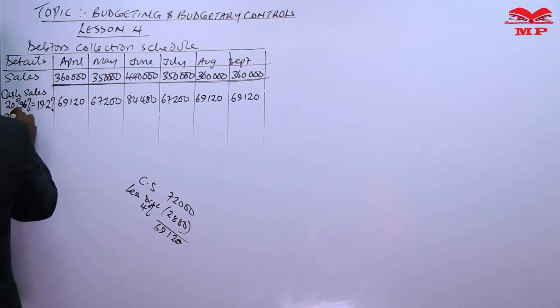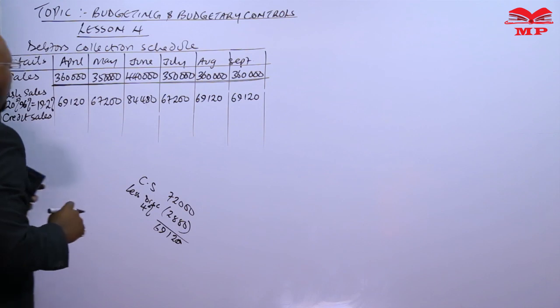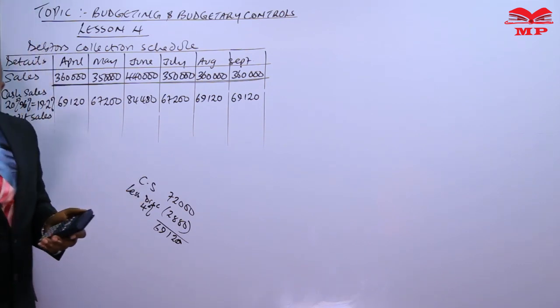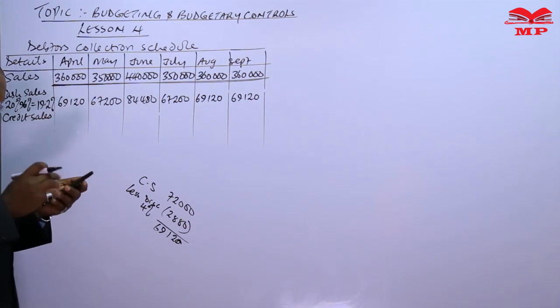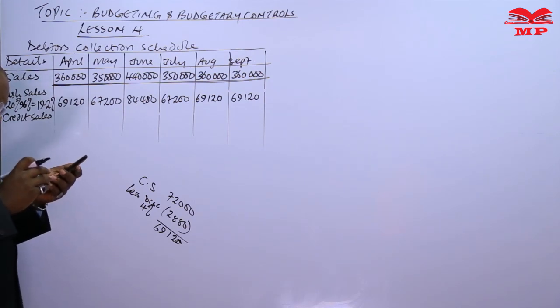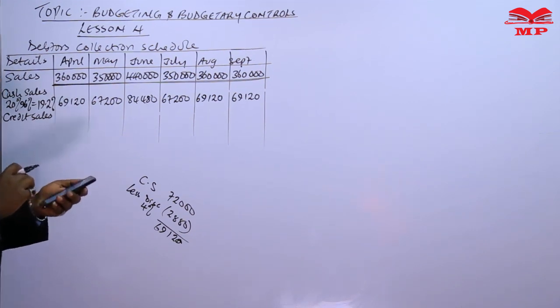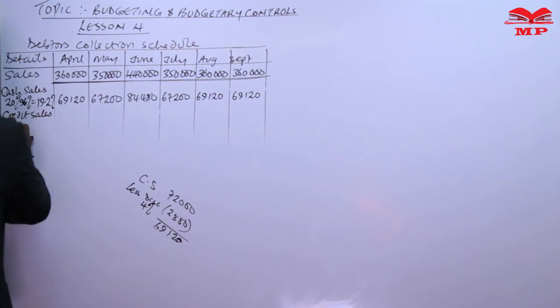Then you have credit sales, which you have been told in the information, number 8, that 70% of the debtors pay within 1 month and receive a 2.5% discount. So this will be 70%.